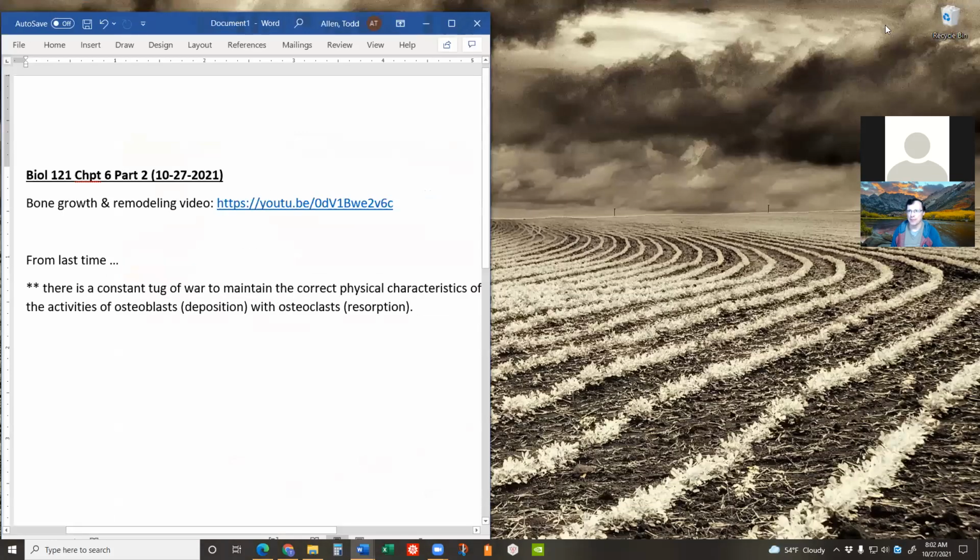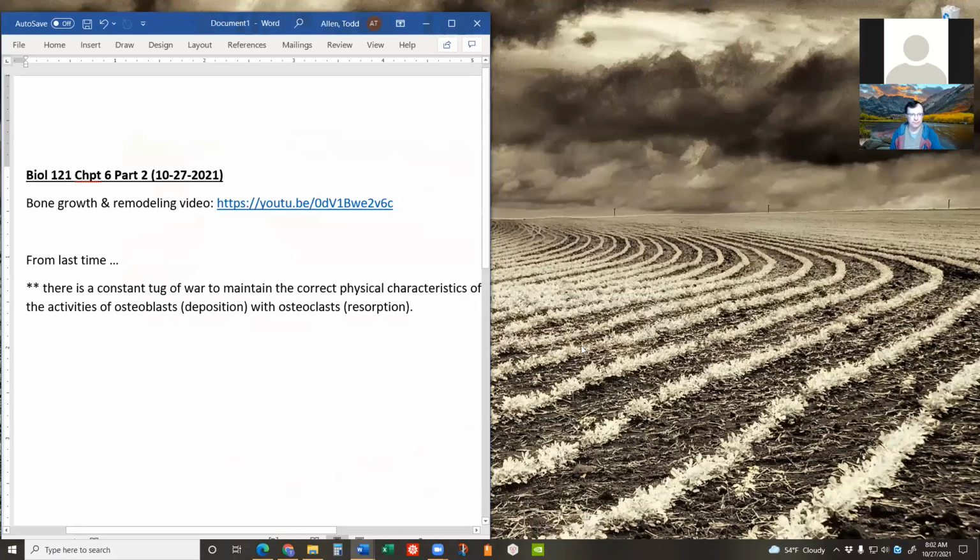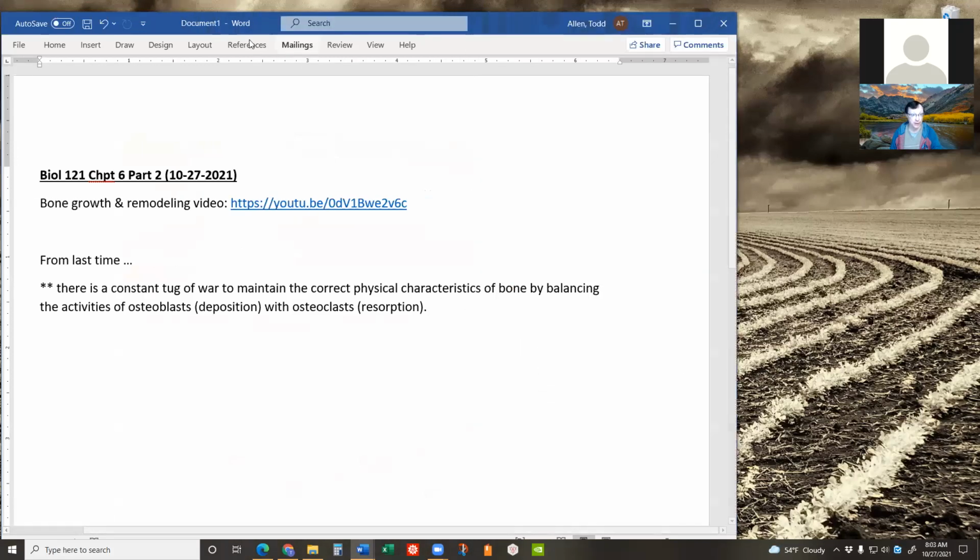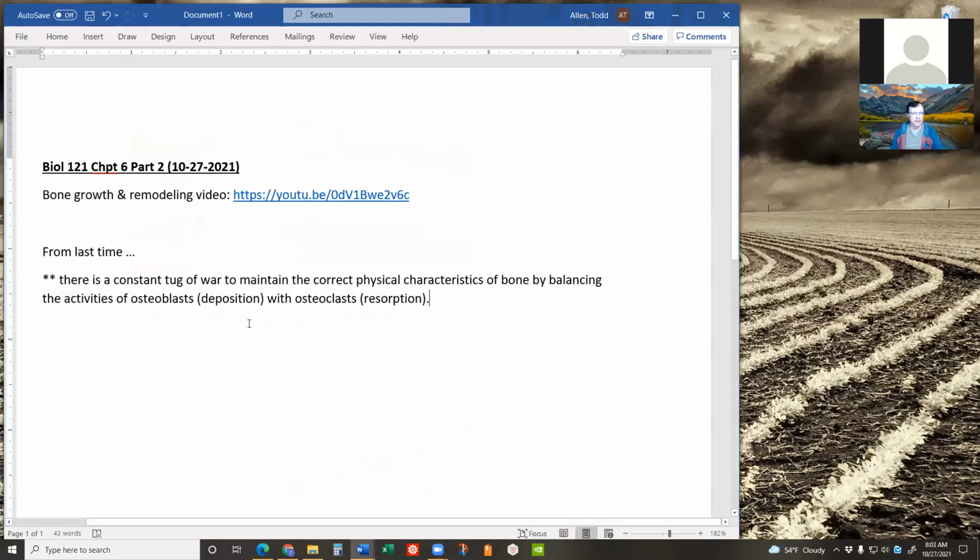We made a comment that there's a tug of war within your bone to maintain the proper physical characteristics, the density, for example, by balancing these processes of deposition that are carried out by osteoblasts and resorption, which are carried out by osteoclasts. Once again, those cells are visually shown to you in figure 6.2.